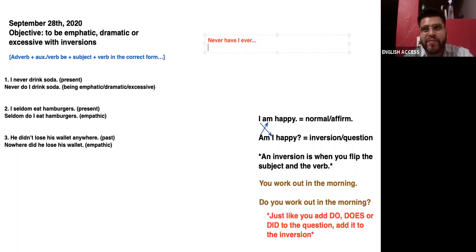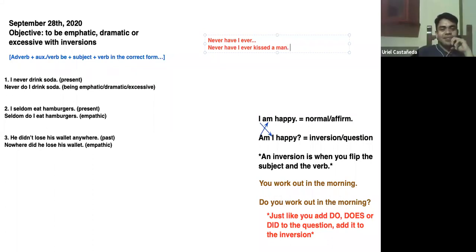Well, it depends who you're playing it with. For example, if I am playing with my friends and we are playing Never Have I Ever, let's say this: never have I ever, this is going to be weird, kissed a man. This is something that I have never done.